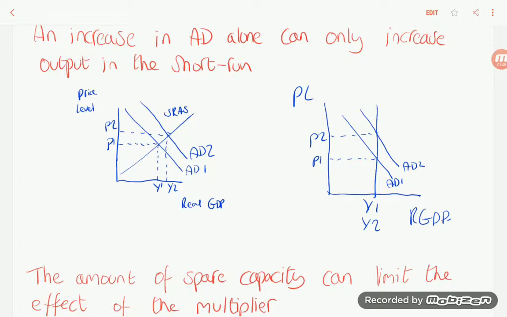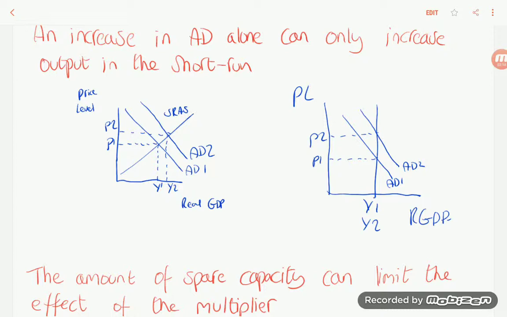On the second of our two diagrams, the one on the right with the long run aggregate supply curve, this graph shows the LRS curve along with an AD curve. Now, when the AD curve shifts from AD1 to AD2, the new equilibrium point will be at price level P2.